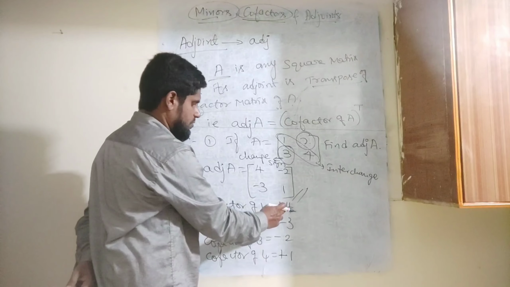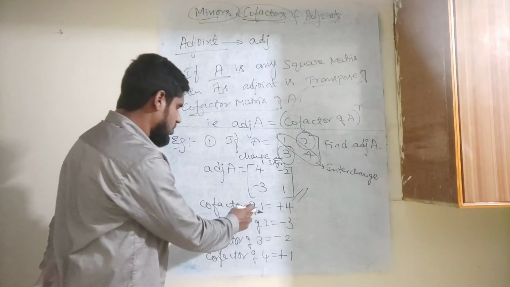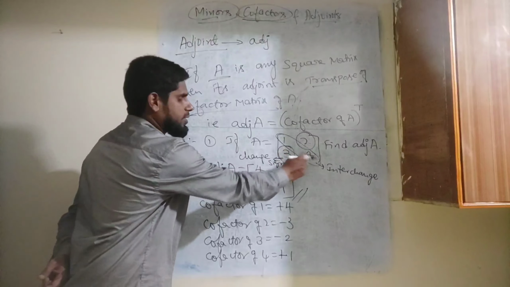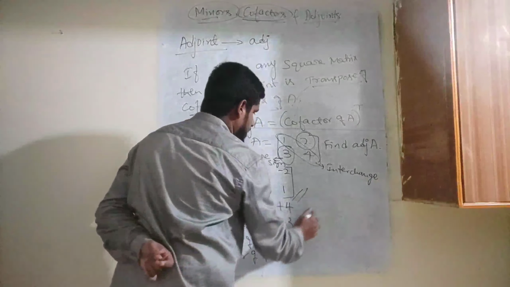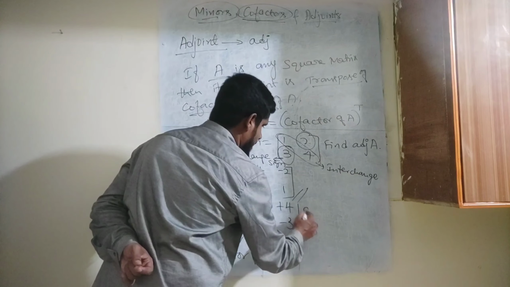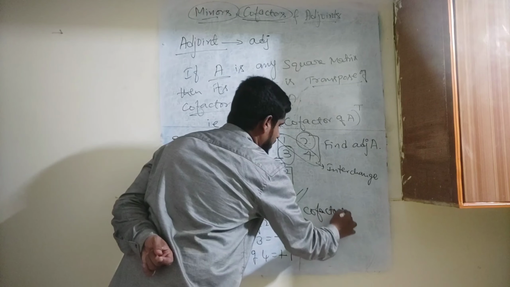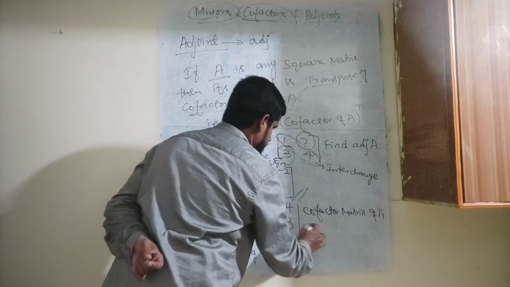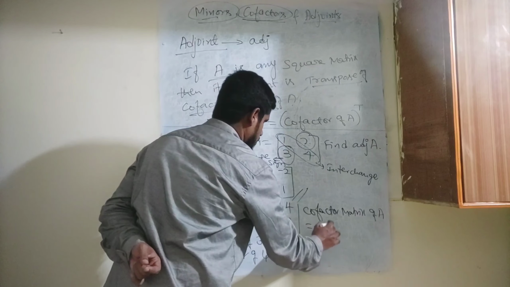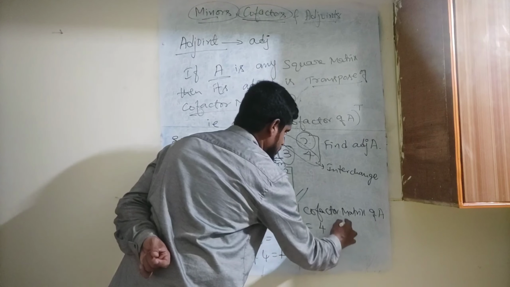Here 4, -3, -2, 1 are the cofactors of this given matrix. So I will write the cofactor matrix here. Cofactor matrix of A is equal to 4, -3, -2, 1.